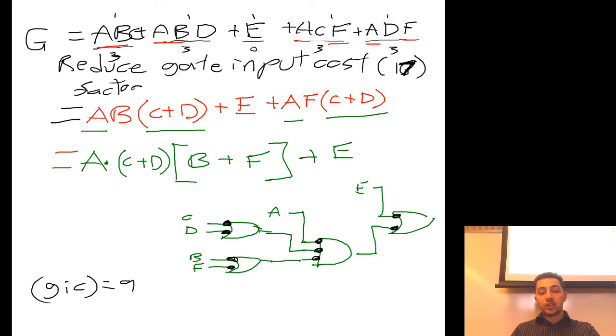If you look up above at G, we had 1, 2, 3, 4, 5 terms. That's a 5-input OR gate. That is about as slow as it gets. Here our largest gate is this AND gate with 3 inputs. Now, I don't know if you've noticed yet, in the 7400 series, we've got a 7400, that's a 2-input NAND.